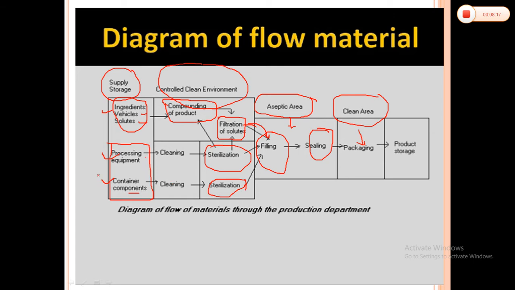That's why we don't require highly controlled environments in a compounding area, because after that we are going to carry out the filtration also. In that filtration, if any microorganisms are present, they can be entrapped in the membrane. But in this aseptic area, our product is ready to fill and seal.